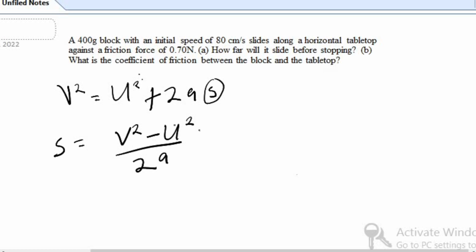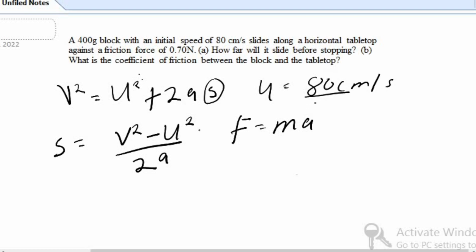So we only have the initial velocity which is given, which is 80 centimeters per second, but we don't have a. So we move to find a within the formula of force, which says force is equal to ma, because we already have the mass, even though the mass is in gram and we need to convert it to kilogram. Also the initial velocity is in centimeter and we need to convert it to meter per second. The velocity, which is u, is equal to 80 centimeter per second.